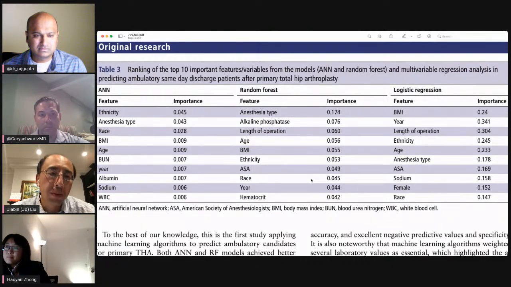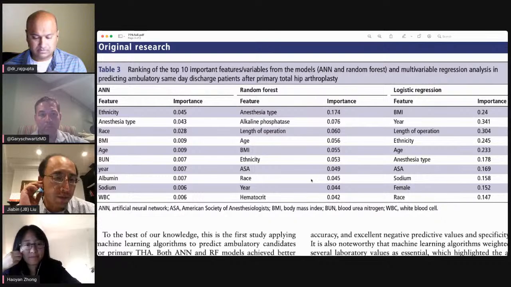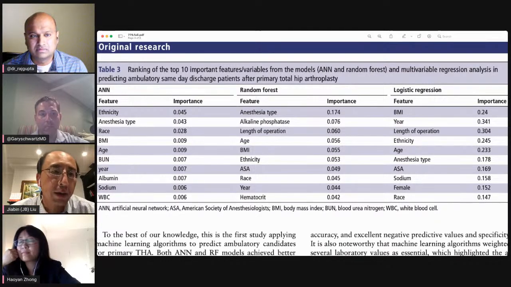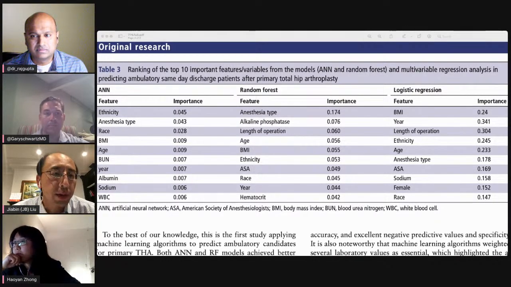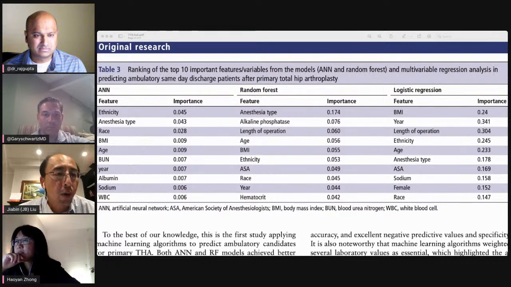Ethnicity likely represents their environment, social, economic, culture, a lot of different things. From a clinical practice point of view, Caucasian patients likely want to go home if they could, Asian patients may not, and Hispanic patients prefer not to go home on the day of surgery.